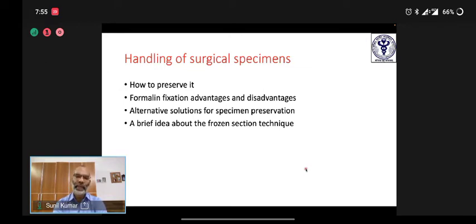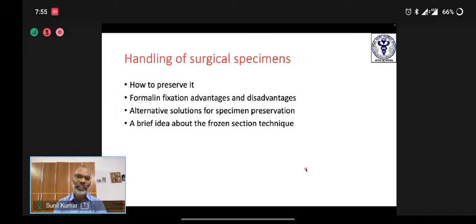But at the same time, it has disadvantages also. Number one, it totally discolors the specimen. Also, the texture, the color, the consistency, everything is altered to the extent that slowly it starts disintegrating, because it has its own shelf life.